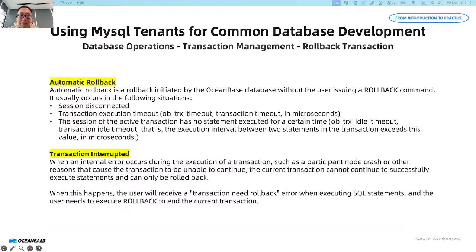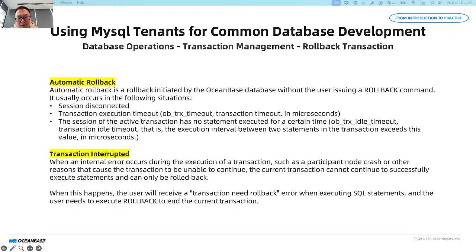At last, there is an exception scenario. The transaction is interrupted. When an internal error occurs during the execution of a transaction, such as a node crash or other reasons that cause the transaction to be unable to continue, the current transaction cannot continue to successfully execute statements and can only be rolled back.